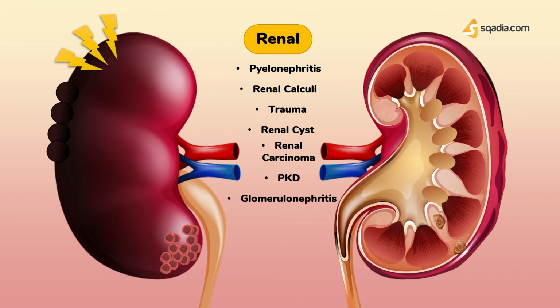Papillary necrosis. Renal papillary necrosis is a disorder of the kidneys in which all or part of the renal papillae die. The renal papillae are the areas where the openings of the collecting ducts enter the kidney and where urine flows into the ureters. Next, we have tuberculosis.